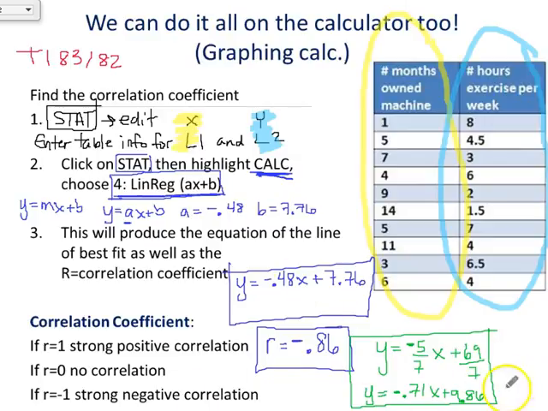So we can see that our equation was kind of close, but they were different. When you do it by hand, we're not necessarily going to get as accurate a line of best fit as if we let a calculator, a type of computer, do it.